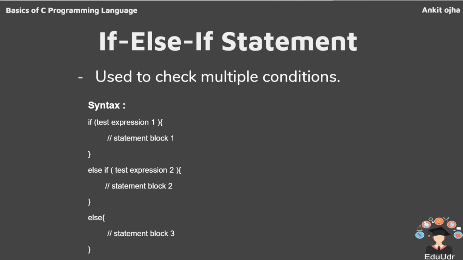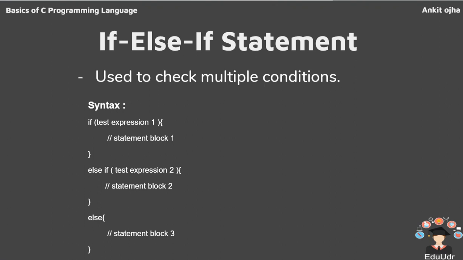But if both are false, then the statement in block 3, which means the else statement, is executed. So let's look at both practically with an example.